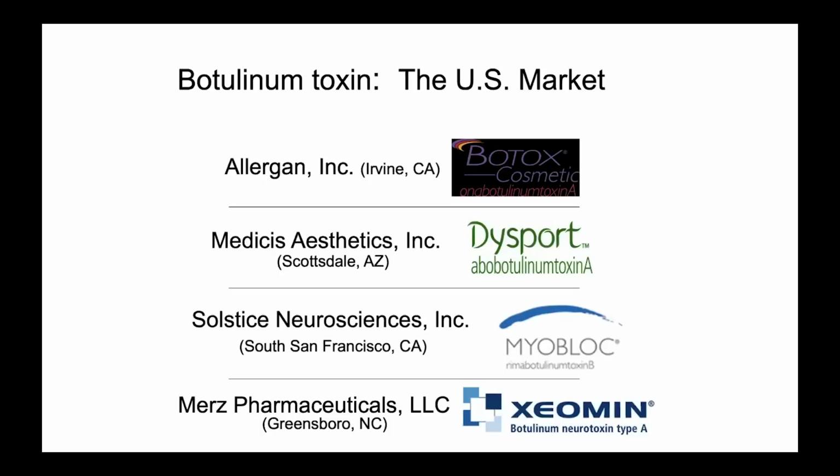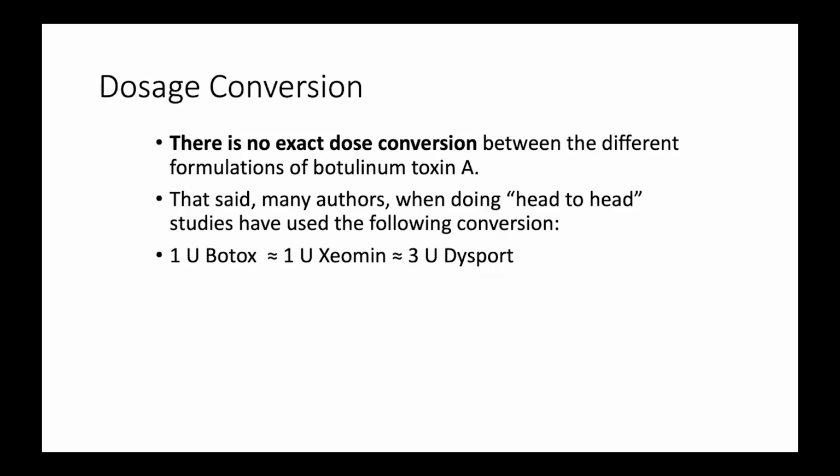They're all very similar. They have little bits of difference in terms of how quickly they act and how easily they diffuse. For the sake of our conversation today, the one thing to know is that there's no exact dose conversion between the different formulations of botulinum toxin A.